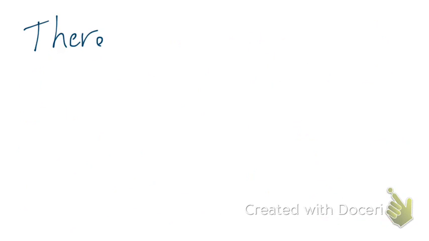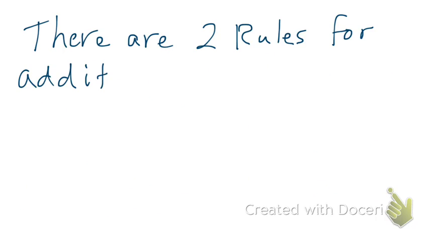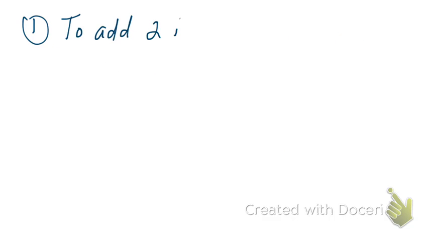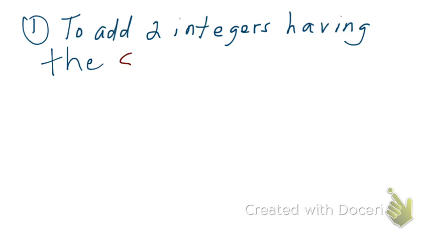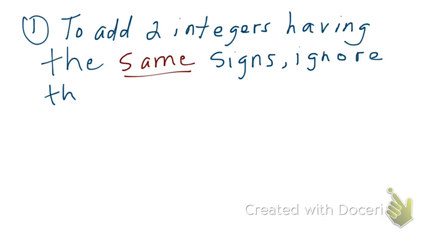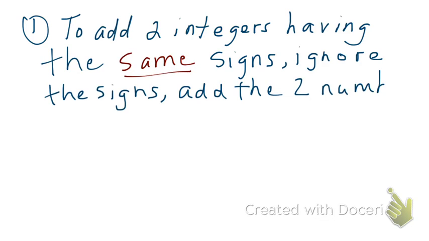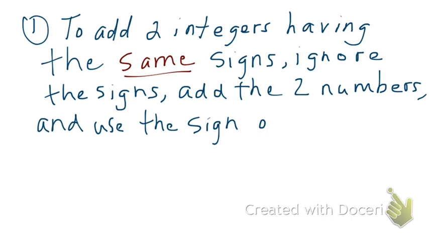All right, let's go ahead and look at the two rules for addition. So first of all, to add two integers having the same signs, ignore the signs, add the two numbers, and use the sign of the two numbers. Let's go ahead and do that.